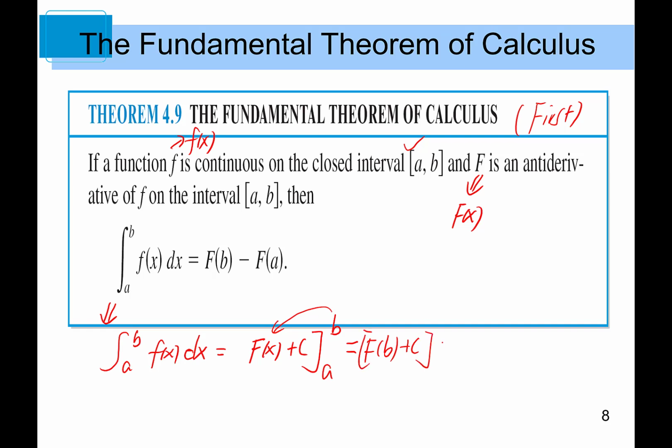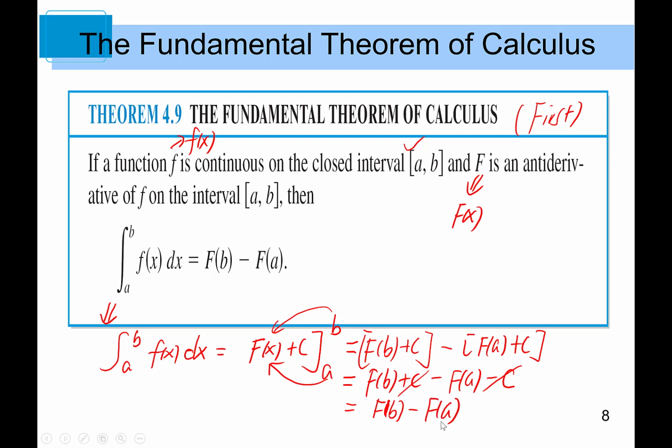And also you plug in a into the function, so we get F of a plus c. Now just expand it: F of b plus c minus F of a minus c. As you can see, c cancelled, and you end up with F of b minus F of a. And that's how they come up with the fundamental theorem of calculus.